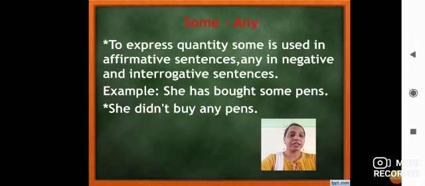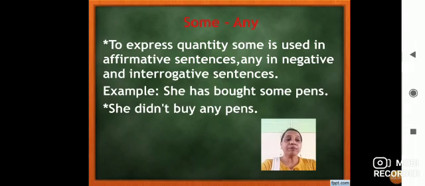Some and any. Some and any are used for both countable and uncountable nouns. And remember that they are used to express quantity. Some is used in affirmative sentences, any in negative and interrogative sentences.